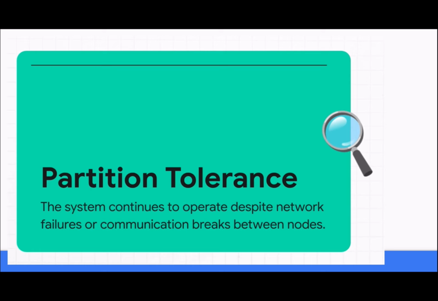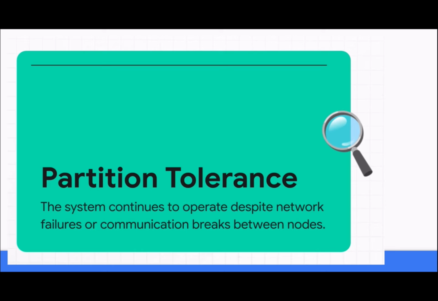Moving on to partition tolerance, the system continues to operate despite network failures or communication breaks between the nodes. Partition tolerance is the underlying requirement for having a distributed database. If the partitions are disconnected when there is a network failure, they can't be distributed.